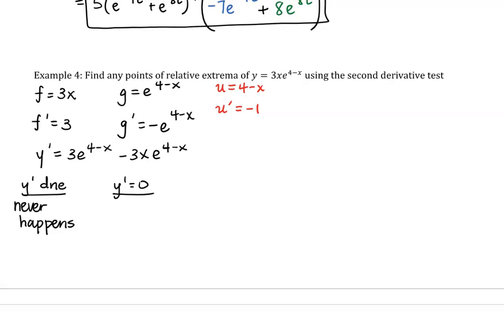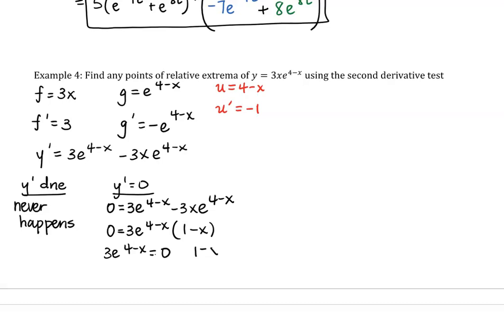I'm going to go ahead and set the first derivative equal to 0 to find any critical values that we may have. We're going to solve this equation by factoring. We can factor out a 3e to the 4 minus x, which is going to leave us with a 1 minus x on the inside of the parentheses, and then I'll go and I'll set both of these factors equal to 0.